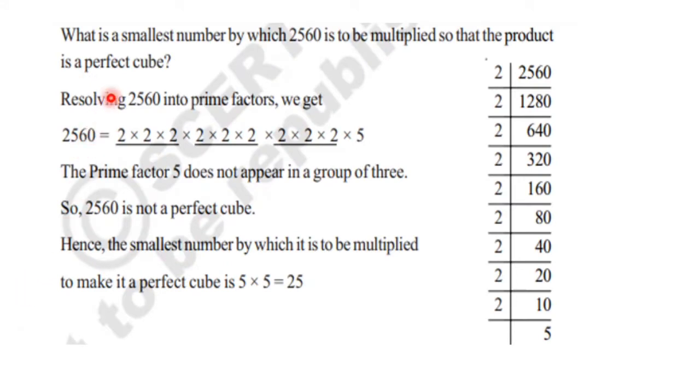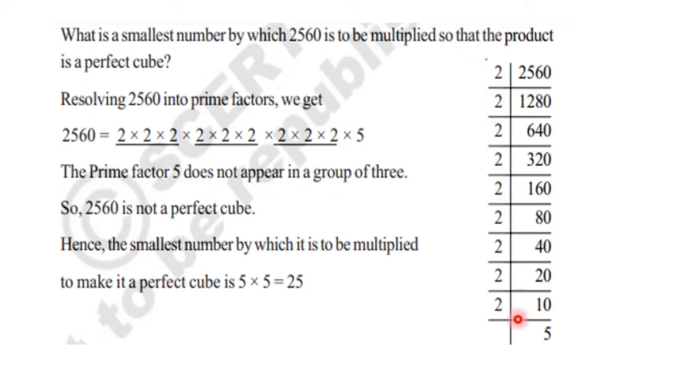We see another problem. What is the smallest number by which 2560 is to be multiplied so that the product is a perfect cube? Resolving 2560 into prime factors, we get 2560 is equal to 2 into 2 into 2 into 2 into 2 into 2 into 2 into 2 into 2 into 5.